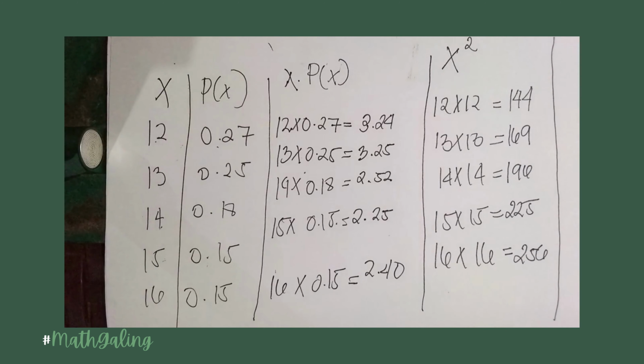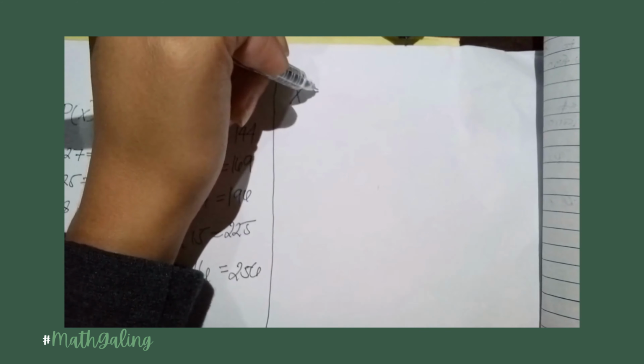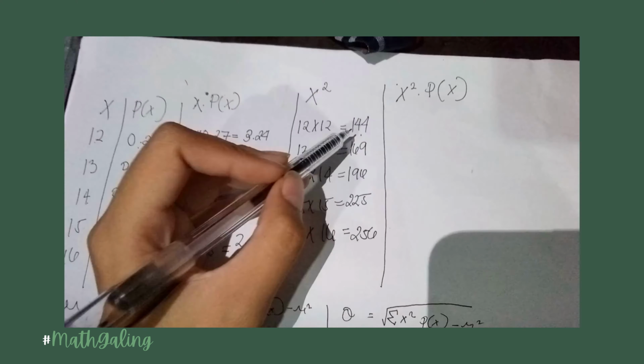After this, add another column in our table and we label it as the product of the squares of each possible value and its corresponding probability. We have the X squared of the possible value multiplied by its corresponding probability.